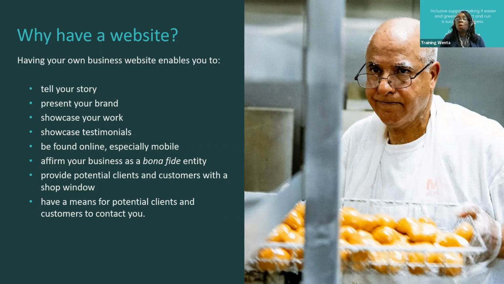Your website should open that door and welcome them with open arms so that they feel at home and very comfortable. So your website should not be a site that repels people and is very difficult to navigate and difficult to understand what the site is about. Keep it simple.